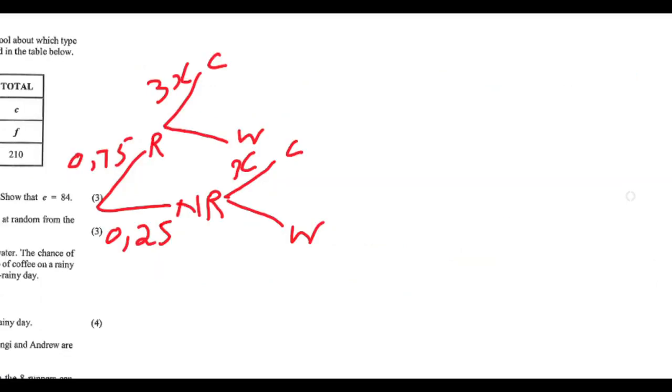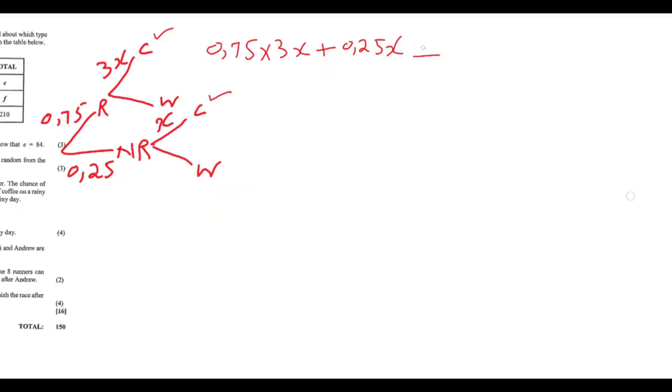So we write the probability of all branches ending in C. This one 0.75 multiplied by 3x, plus this is the first C, and then this is again C, this side is 0.25 multiplied by x, is equal to 7 over 12.